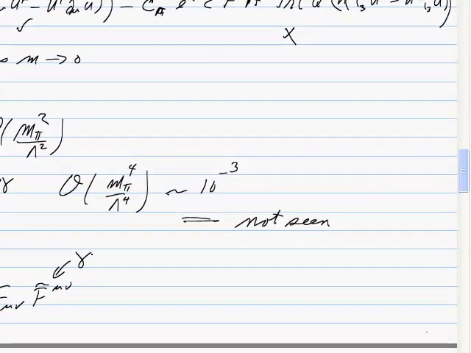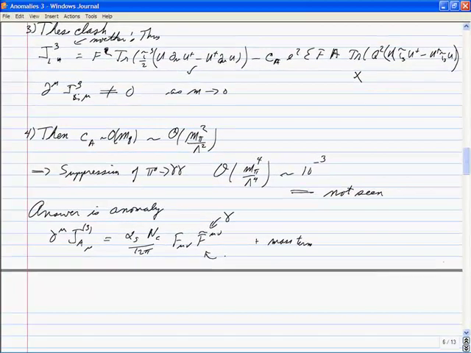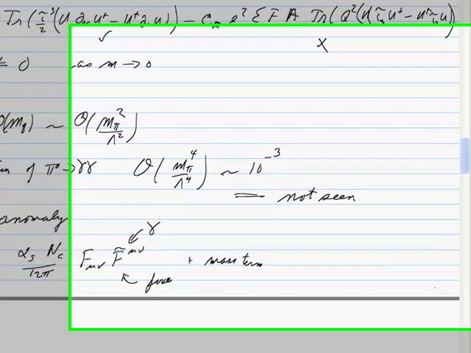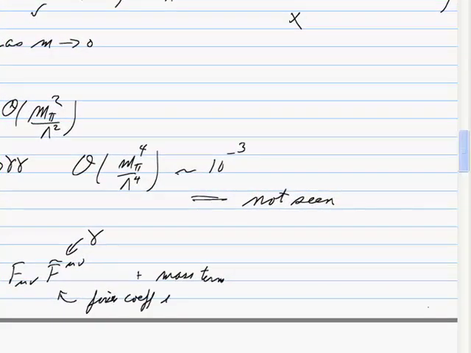These are now photons, plus a mass term. And this, after some manipulation, tells us that it fixes the coefficient in the effective Lagrangian and agrees with experiments. Okay, so that's the story.